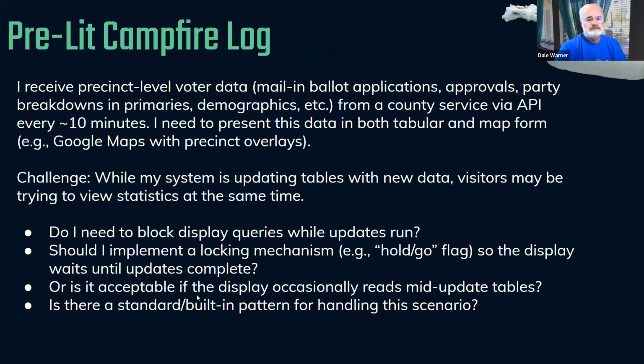So Don, this is your question, and I've summarized it a little bit here, but maybe we go right to the challenge. You're getting data in from an outside source.